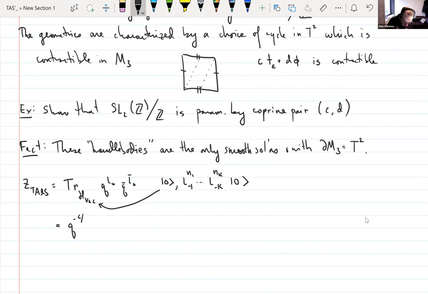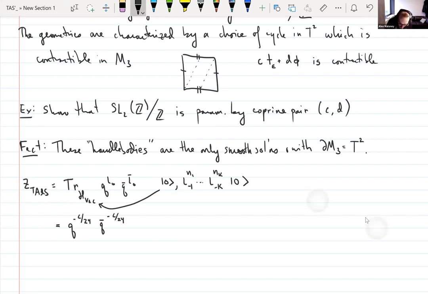The ground state has energy minus c over 12, which means that L0 plus L0 bar is minus c over 12. And the ground state also has spin 0, so L0 minus L0 bar is 0. So the contribution from the ground state will just be q to the minus c over 24, q bar to the minus c over 24.